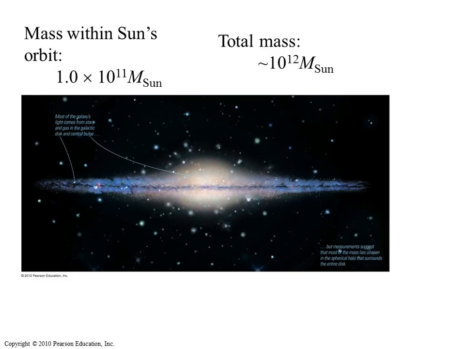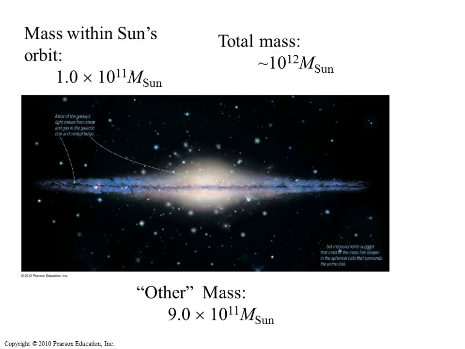So if you do the subtraction, and I'll go back to this, this is the whole Milky Way, this is the Sun, this is our nuclear bulge, so this is the Sun's orbit. If you take this, it's accounted for.